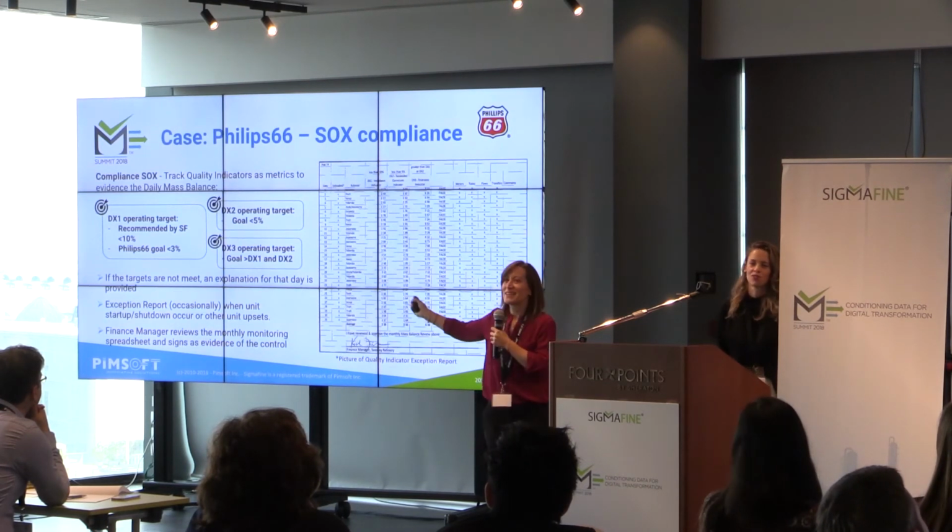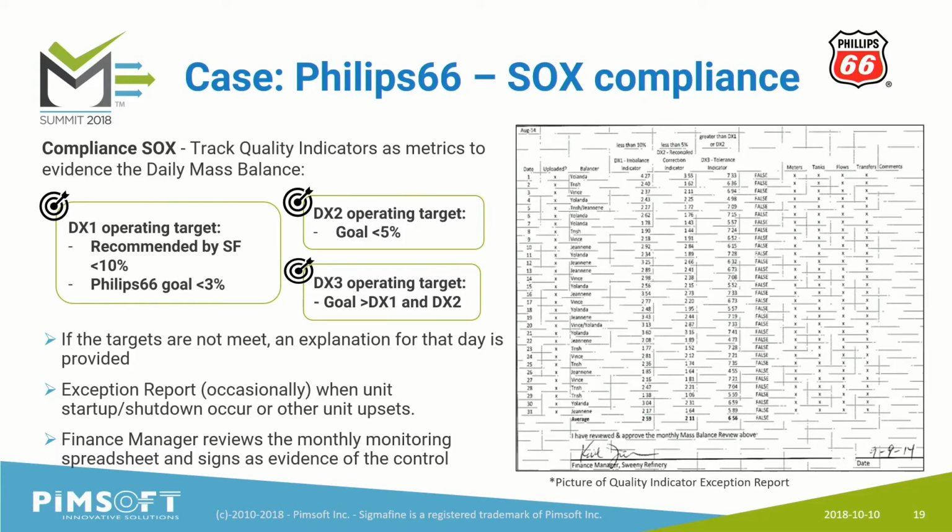Okay, this is just to check if you remember what Bernard said already. We already showed this before. It's the case that Philips 66 presented during the Houston conference summit. This case is quite particular because they use DX for compliance to a law, to an accounting standard.